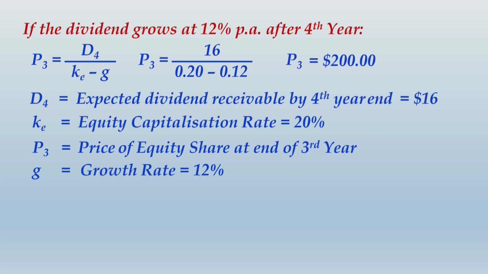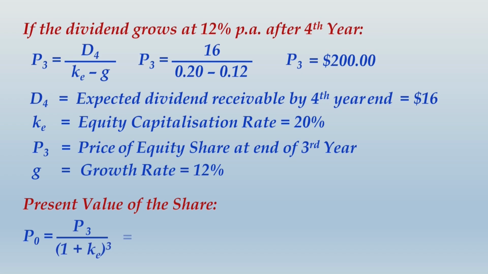If P3 value is $200, find the present value of the share by taking the present value of this particular amount. So this is the future value, right? P3 still is a future value. The discounting rate is 20%. You bring it down to P0, which will be P3 divided by 1 plus Ke raised to 3, correct?